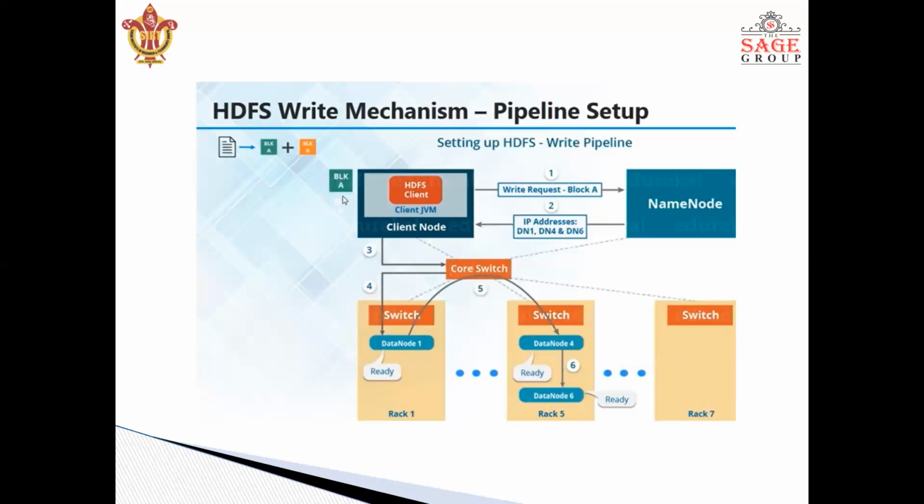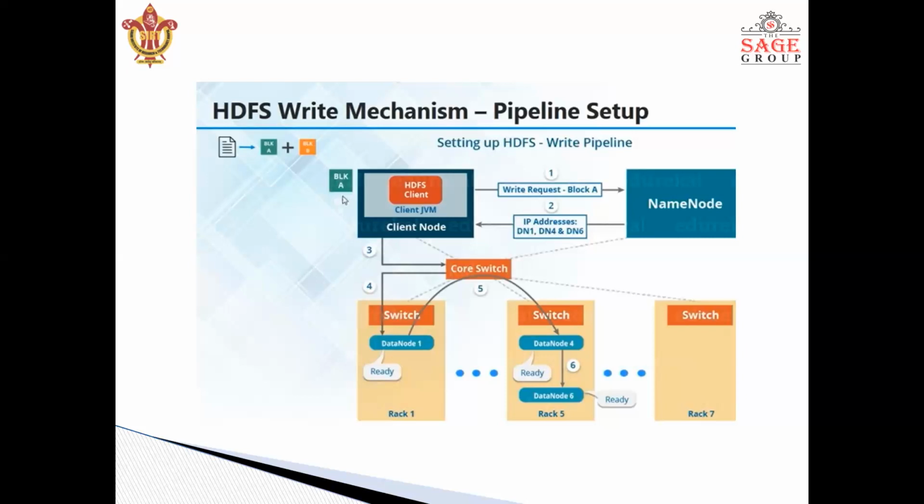After this chain is completed, data node 4 is ready and data node 6 is ready. This is how the whole pipeline is set up: first block A will be copied to data node 1, then data node 4, and then data node 6.